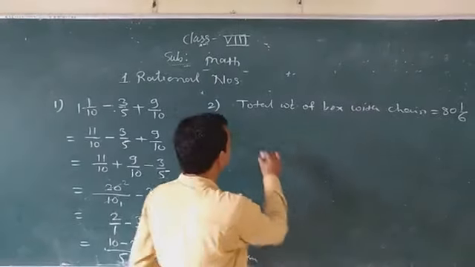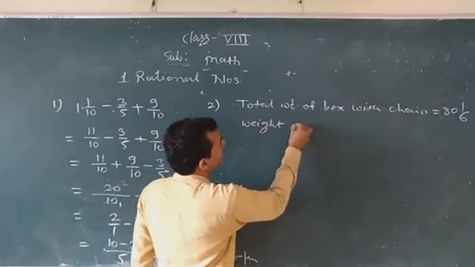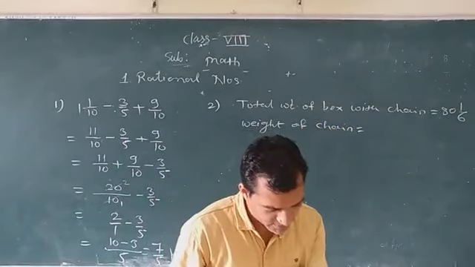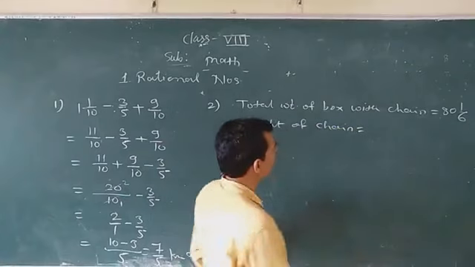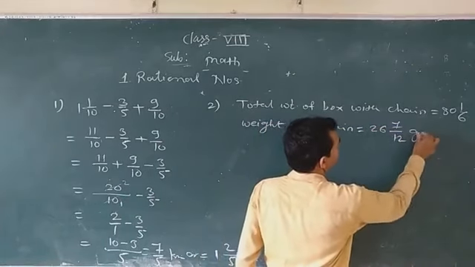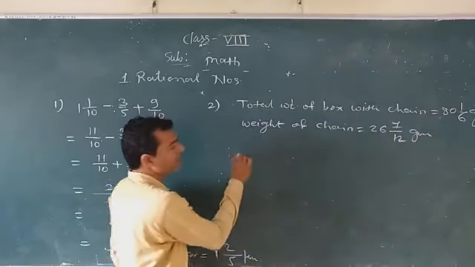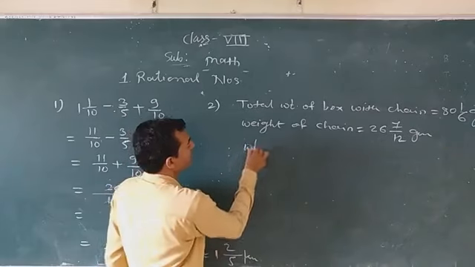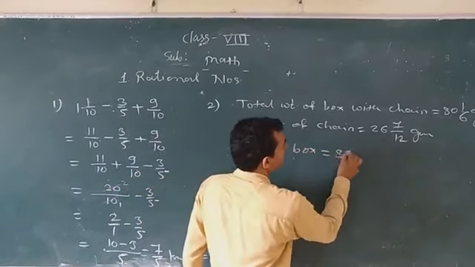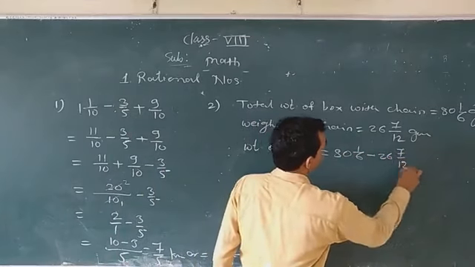Okay, and weight of chain, that is how many? 26 integer 7 by 12 gram. Here also gram. Okay. Now see here. You have to find the weight of box. Therefore, weight of box is equal to 80 integer 1 by 6 minus 26 integer 7 by 12.